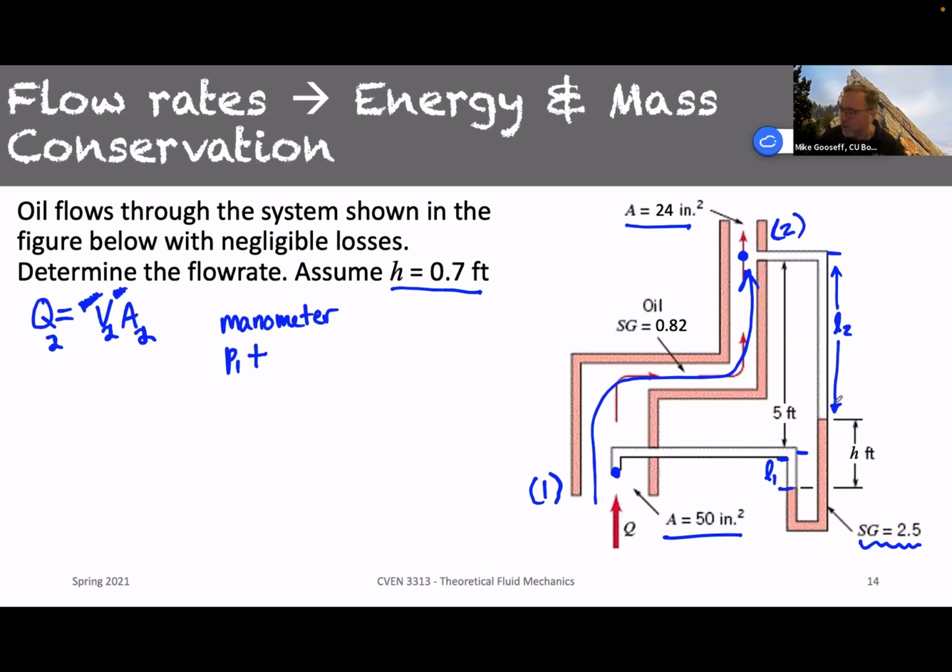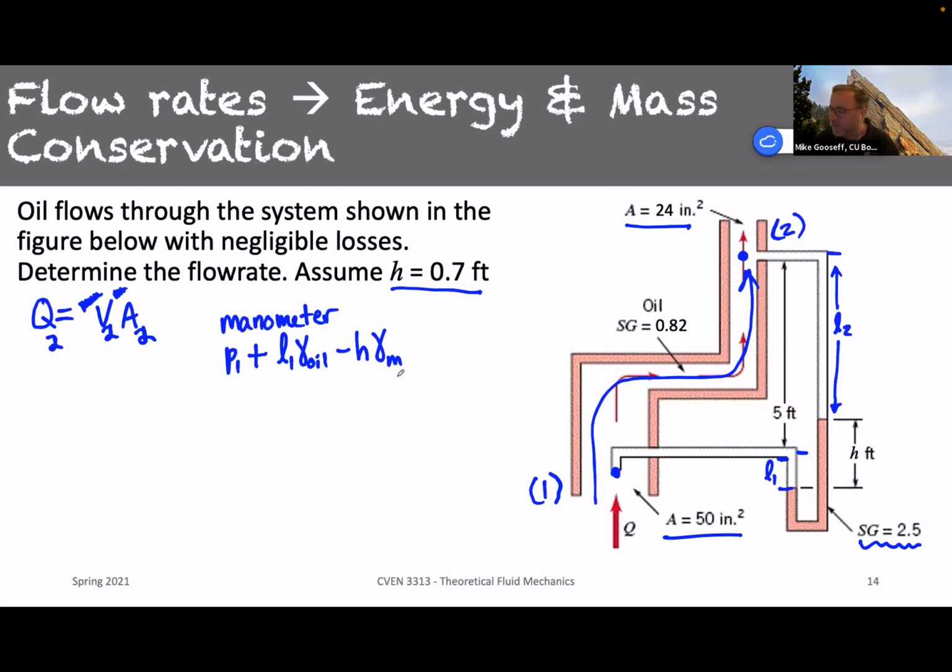So P1, now if I'm going down in elevation, then I'm adding the pressure above me. So I'm going to have L1 times gamma oil, right? And then that gets me to here. I work over to the other side. I go up, so I decrease my pressure. So I'm going to subtract H times gamma of the manometer fluid, right? Now we have that pink fluid instead of the white.